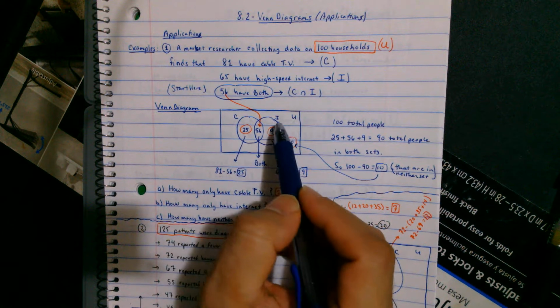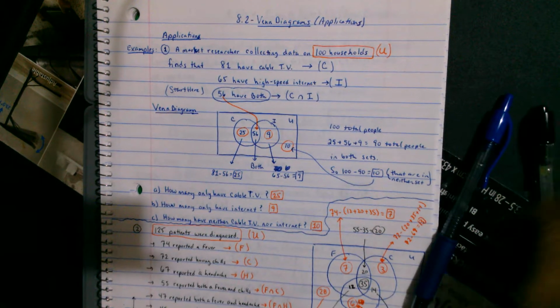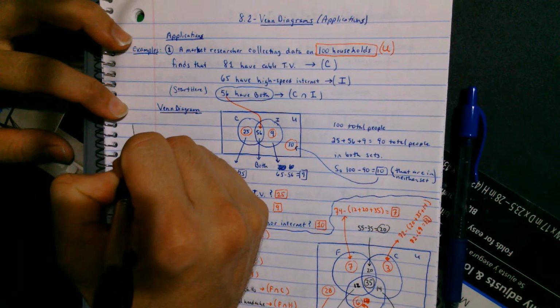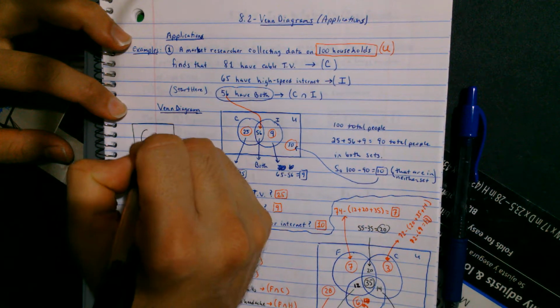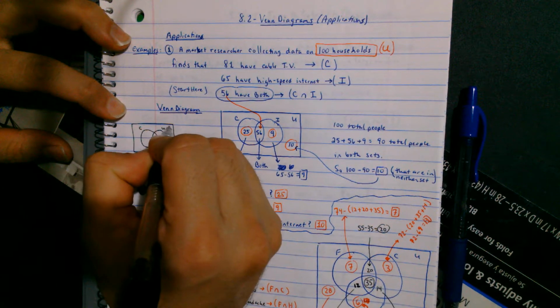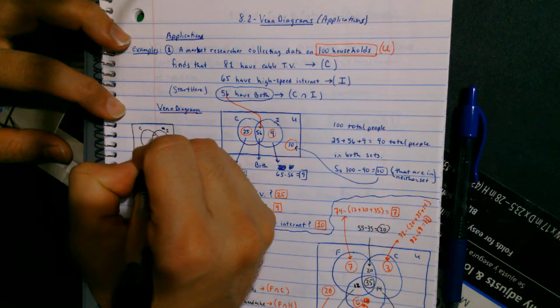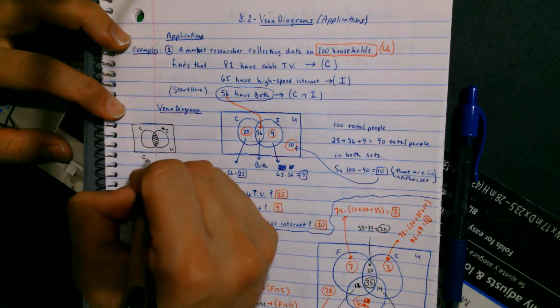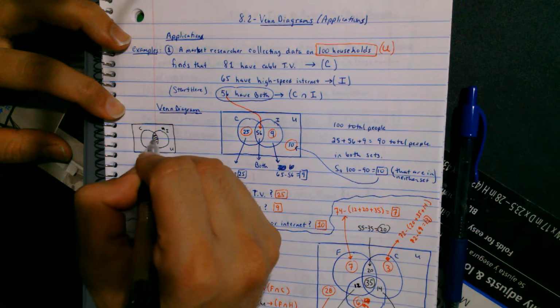Okay? So I guess if I may here, I should have done it sooner. When you talk about two sets, when they overlap, that is their intersection, the middle.